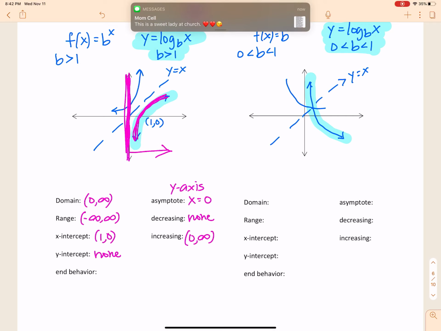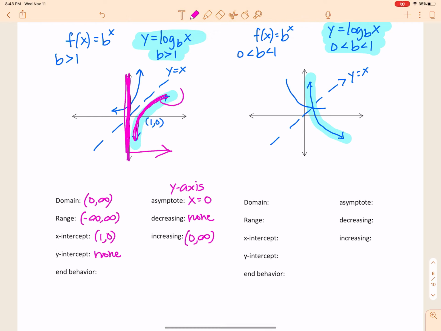The end behavior is occurring right here. So as x approaches positive infinity, y approaches positive infinity, and then this down here is asymptotic behavior. For the asymptotic behavior, as x approaches 0 from the positive direction, y approaches negative infinity.